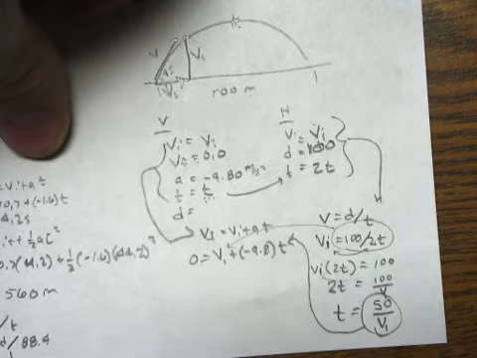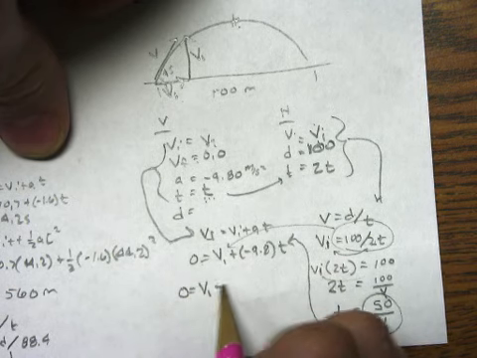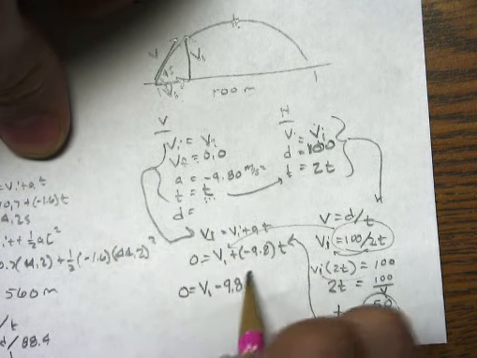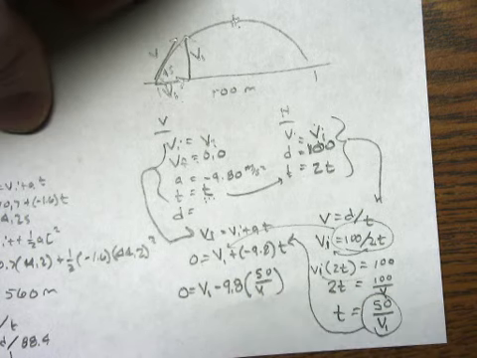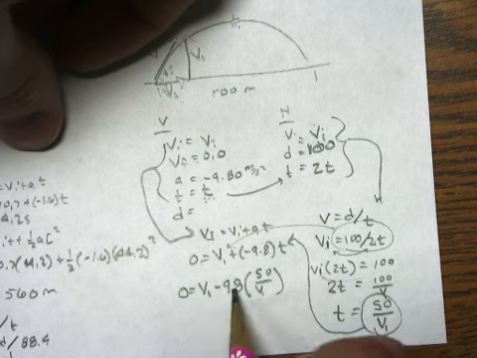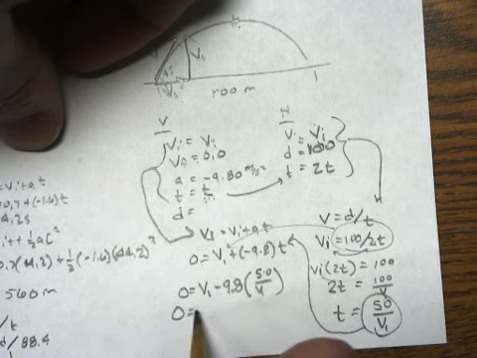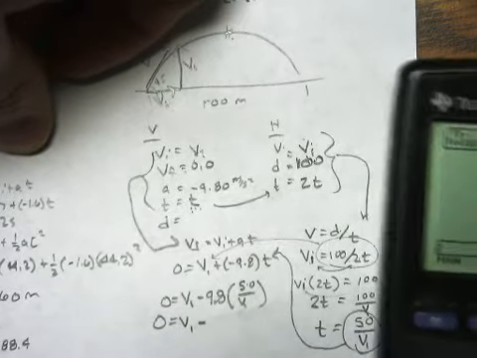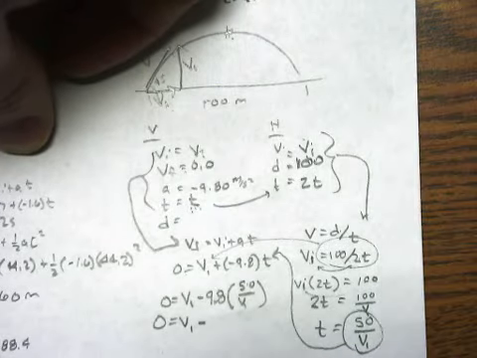So there's my substitution. 0 equals v1 minus 9.8 times 50 over v1. This is getting crazy. So I'm going to multiply these two things together to try to simplify this. 0 equals v1 minus 9.8 times 50, 490.